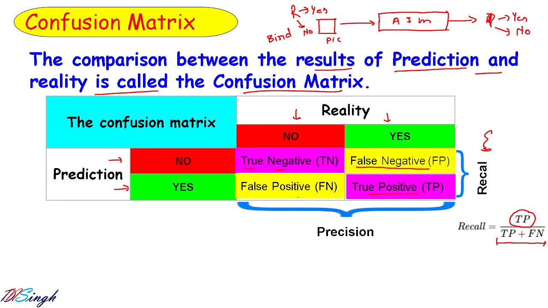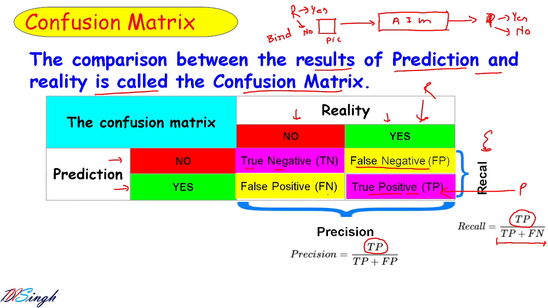So now we are considering the last row. We considered this column for recall, and this row we are considering completely for precision. Let us see the formula of precision. The numerator is the same for precision and recall, that is TP only, but the denominator is different. So what is the denominator?